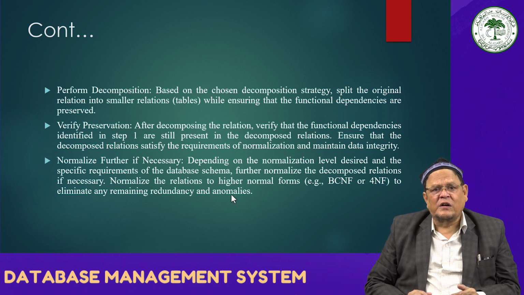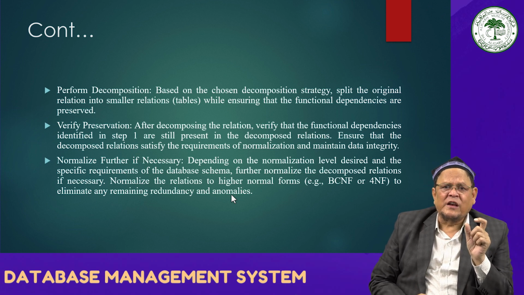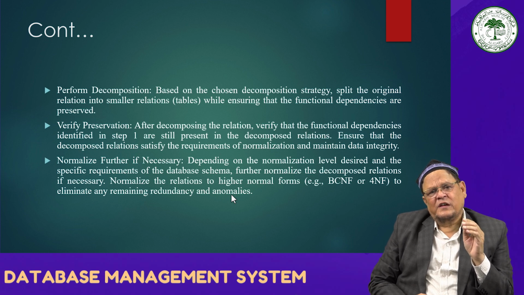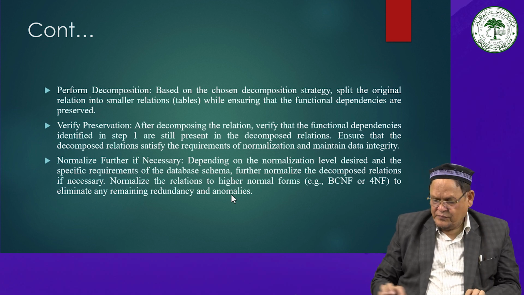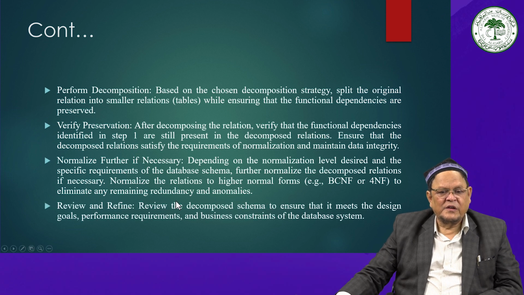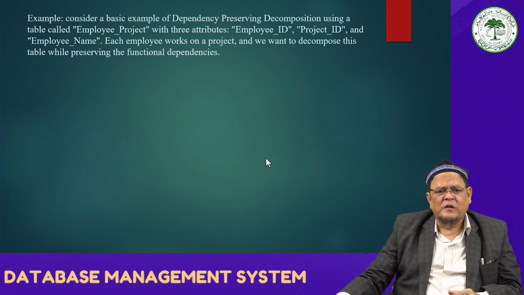I have already explained in the previous lecture that you have to check a decomposed relation for all three anomalies: insertion anomaly, deletion anomaly, and updation anomaly. If it satisfies them, then we need not decompose the relation. Review the decomposed schema to ensure that it meets the design goals, performance requirements, and business constraints of the database system.